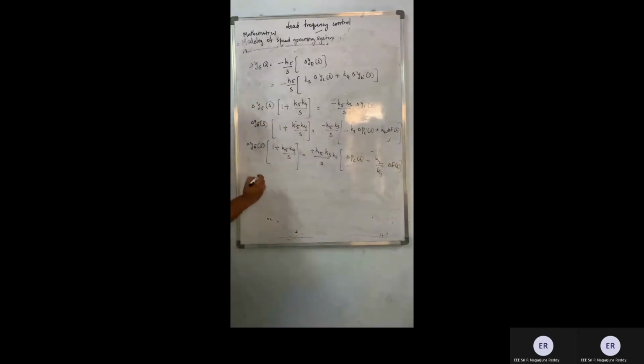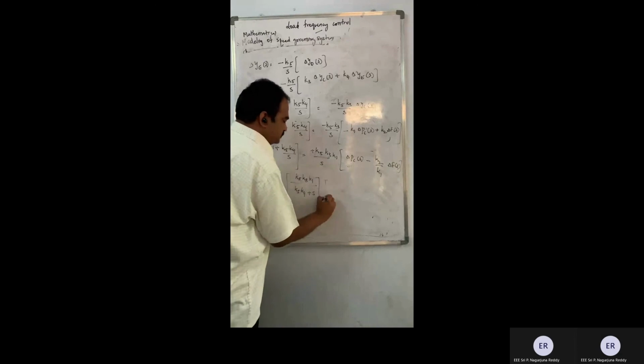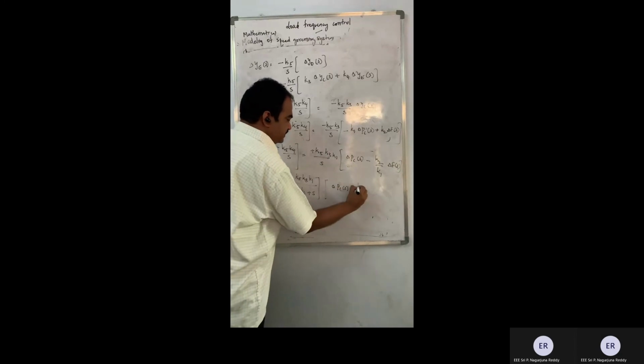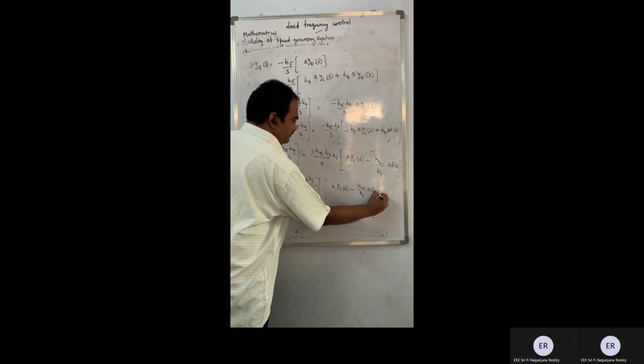So now what is delta YE of s? I am going to bring this one to the denominator here. So what I will be getting is K5 K3 K1 by s plus K5 K4 into delta Pc of s minus K2 by K1 delta f.